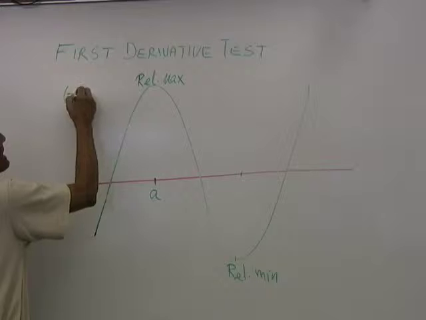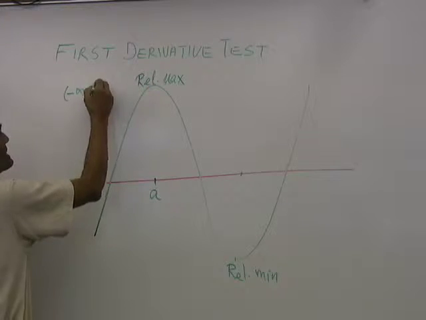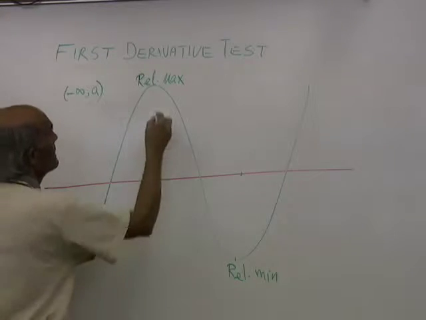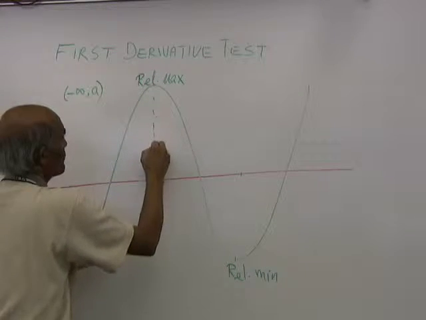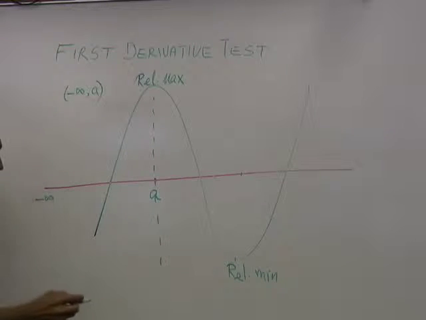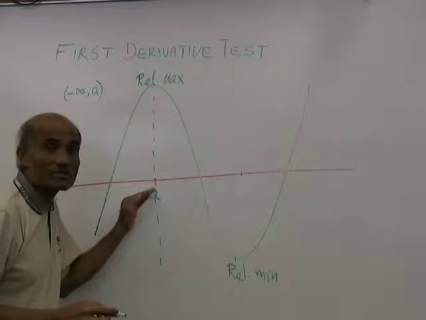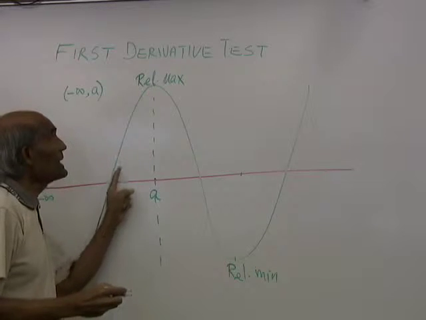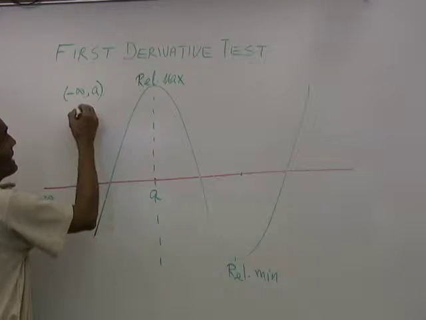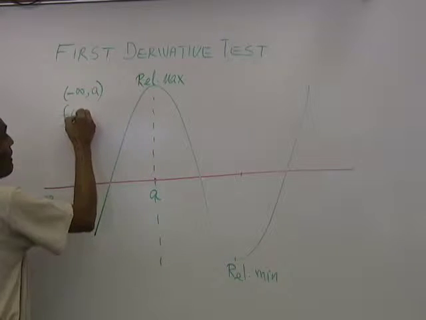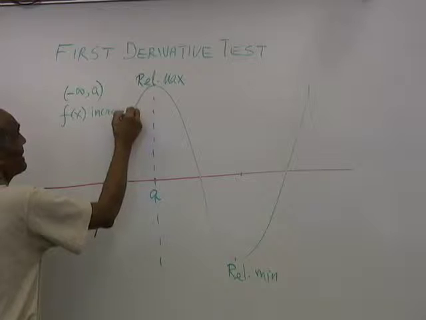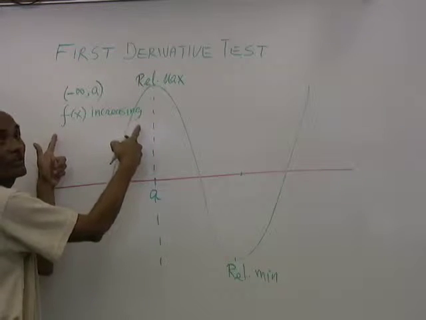So if I draw some broken lines here, I'm talking about the interval from negative infinity to a. What is the behavior of the function? On negative infinity to a, f of x is increasing. Is that right? f of x is increasing.